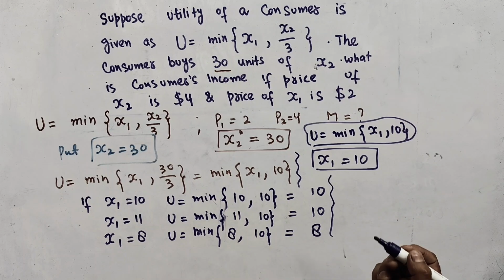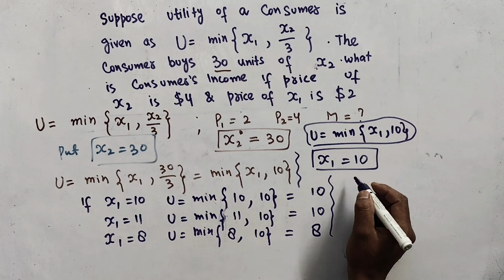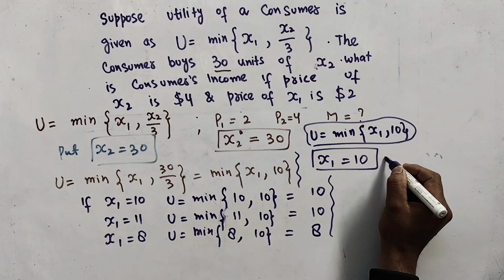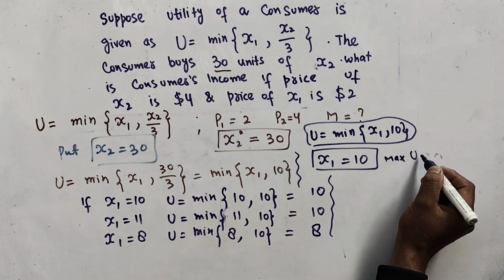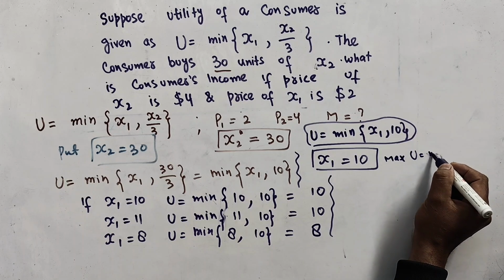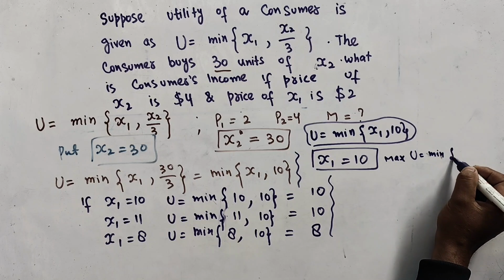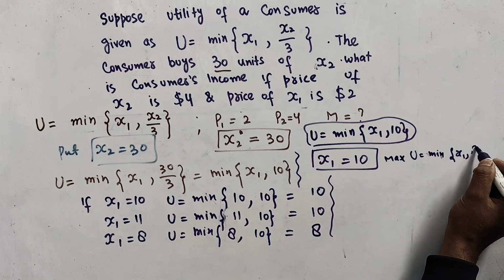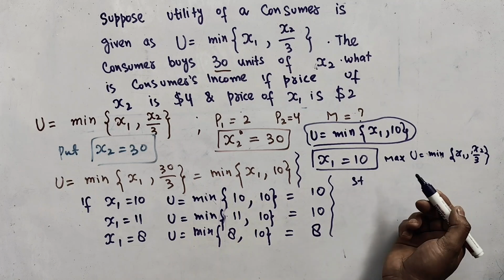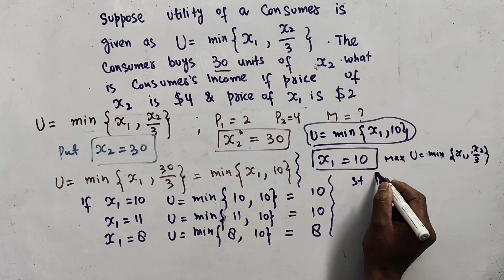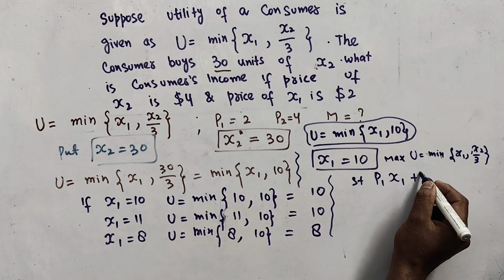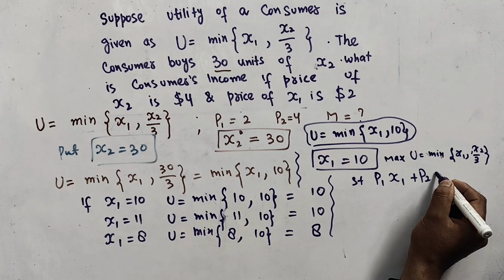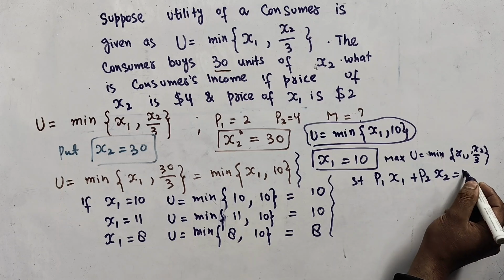Having said that, now what will be the total expenditure of the consumer? We know that the consumer will maximize his utility, U equal to min of x1 comma x2 upon 3, subject to the constraint. What is the constraint he is facing? That is price of good 1 times units of good 1 plus price of good 2 times units of good 2 should be equal to the income of the consumer.